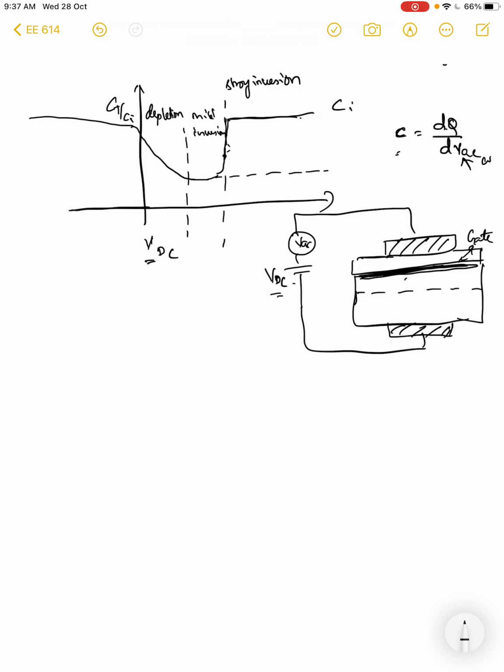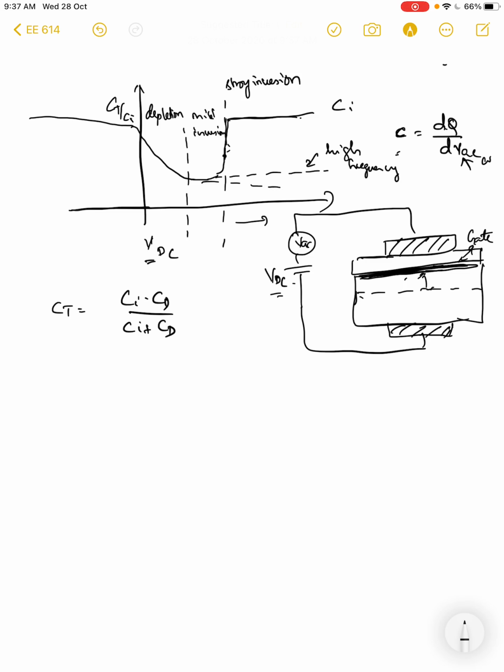So whatever change in the DC bias that you apply, that is the x-axis you change, you will still have the minority carriers here, and hence you will not change the depletion width, which will change the capacitance, because CT, we saw that it is the series combination of the insulator and the depletion width, right? And hence it will stay flat. So this is high frequency, you will reach what is called as deep depletion.